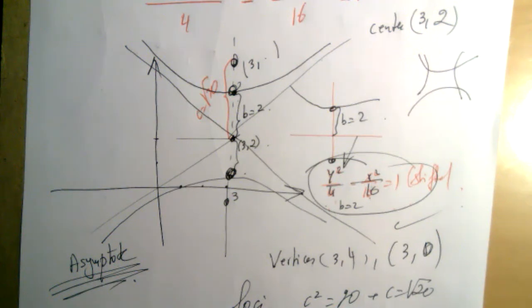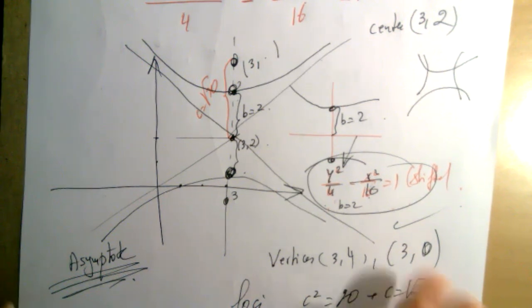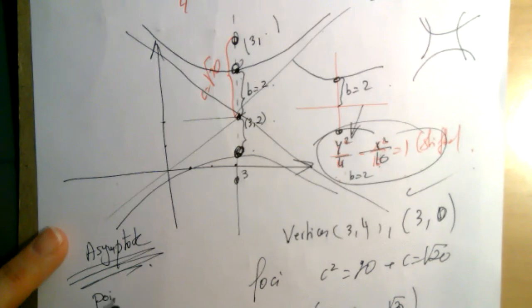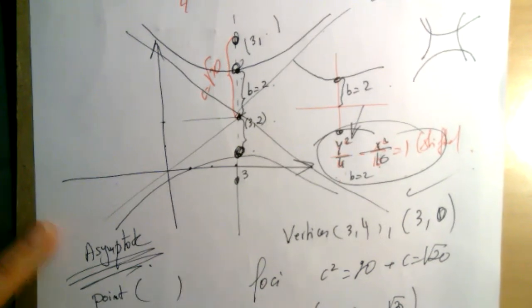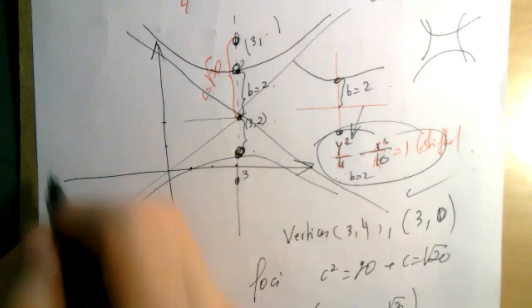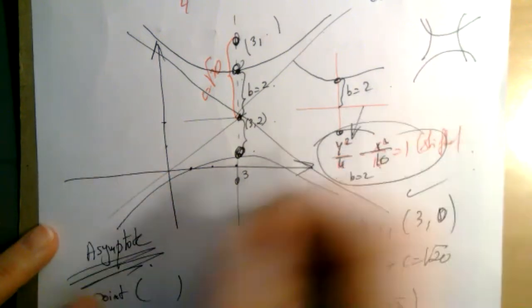To find the equation of a line, what do we need? We need a point and a slope. Am I correct? All right. I want a point on the asymptote. Remember, we're taking the basic one.